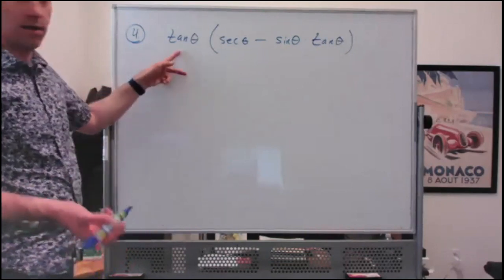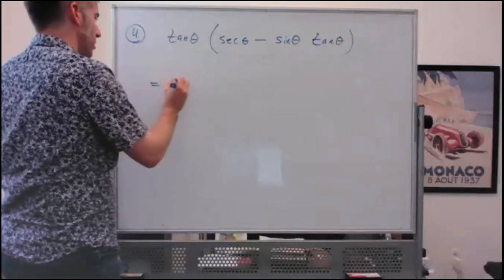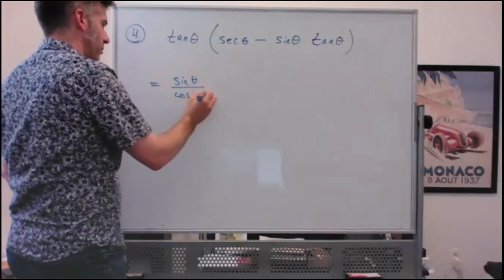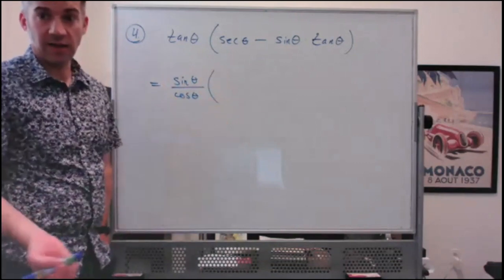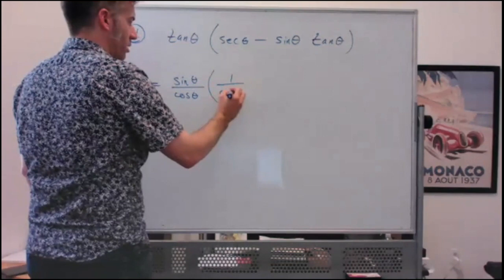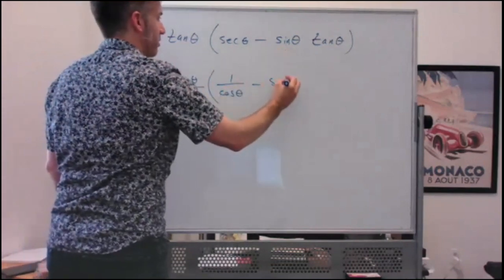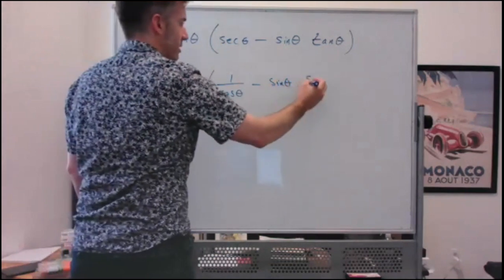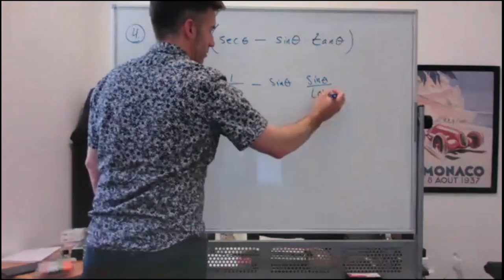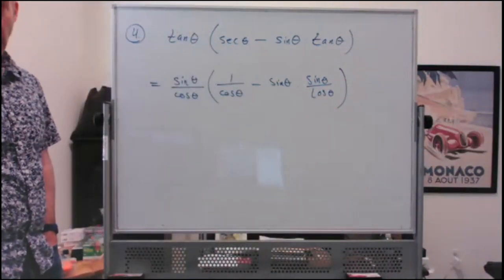So tangent of theta, just like what someone pointed out to me in the message, is sine of theta divided by cosine of theta. And secant of theta is the reciprocal of cosine of theta, so it's 1 over cosine of theta. Sine of theta is sine of theta. And tangent of theta is, again, sine of theta divided by cosine of theta. And then I would do some simplifying.